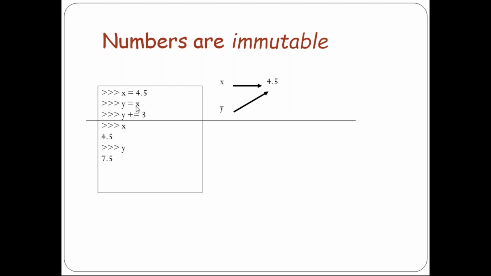Why? Because of y equal to x, instead of assigning the value, the reference of the floating point object 4.5 is assigned to y. That's why both x and y point to the same float type object.